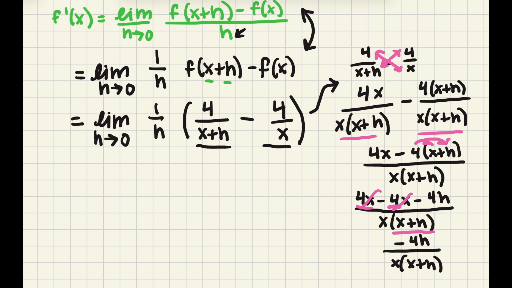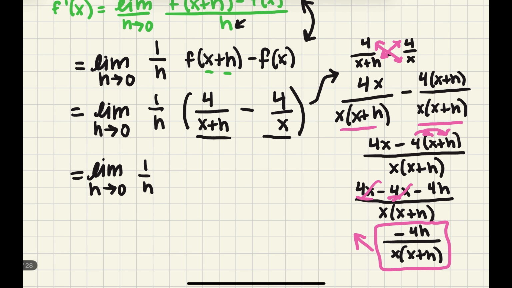This right here is going to be what we're going to plug back in over here, because there's no way we're going to simplify that anymore. So now we're left with the limit as h approaches 0, 1 over h, and remember this turned into negative 4h over x times x plus h.